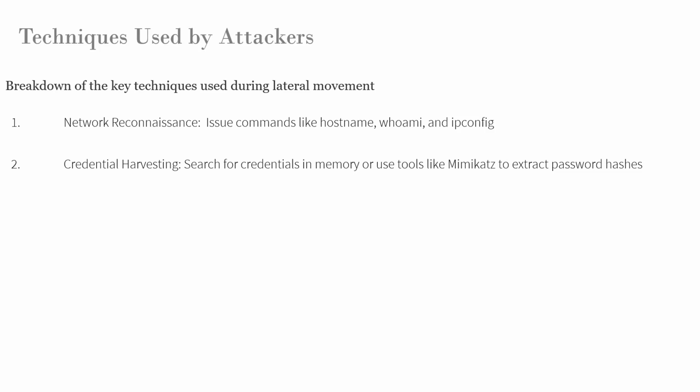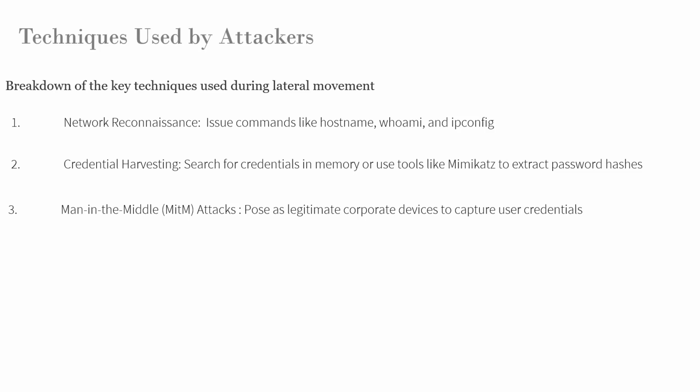Credential harvesting: attackers may search for credentials in memory or use tools like Mimikatz to extract password hashes. If they are lucky, they may find a domain admin password in memory. Commands like cmdkey /l are used to list stored credentials.